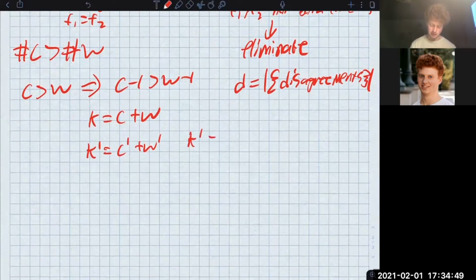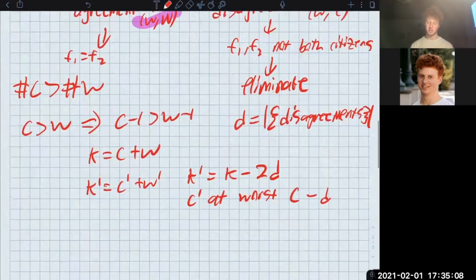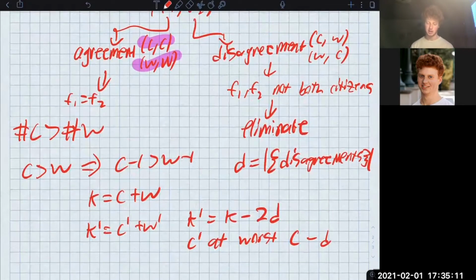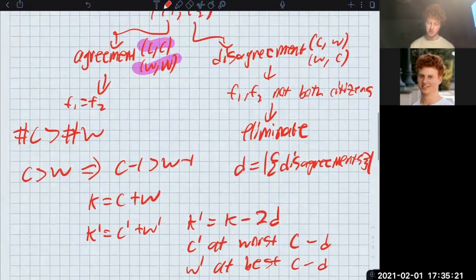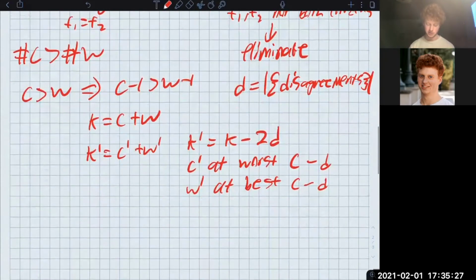K prime is going to be equal to K, the original number of people, minus 2 times D, because for each disagreement pair, we remove both of them. C prime is going to be at worst C minus D, because each of these disagreement pairs has at most one citizen in it, whereas W prime is at best W minus D, because each of these disagreement pairs has at least one werewolf. It's either one werewolf and one citizen, or 2 werewolves.